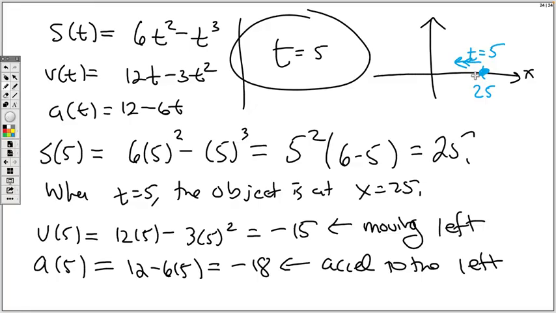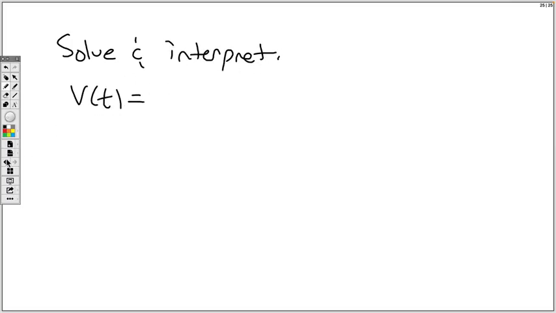Solve and interpret v of t equals 0. This is a two-parter. The solve part is the algebra part. So I've got to take my v of t and set that equal to 0. How can we go about solving that? What can I factor out of both terms here?